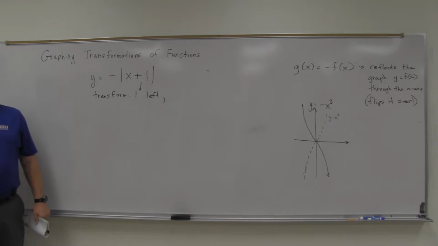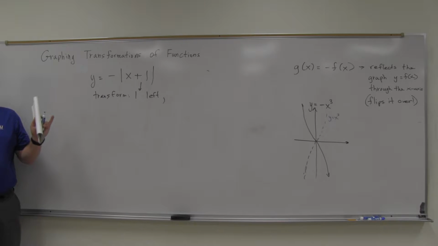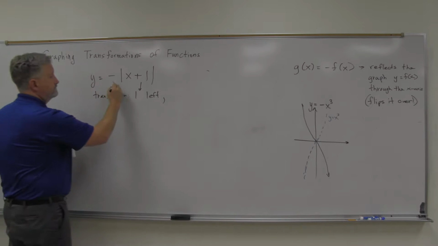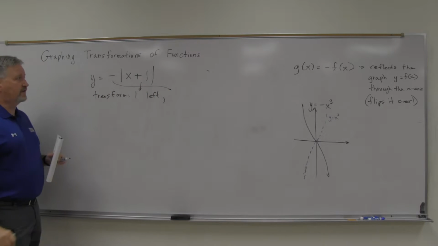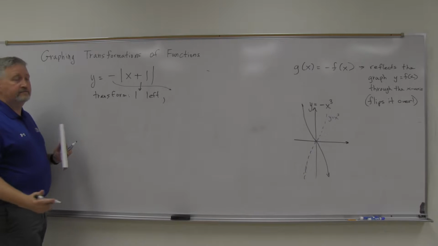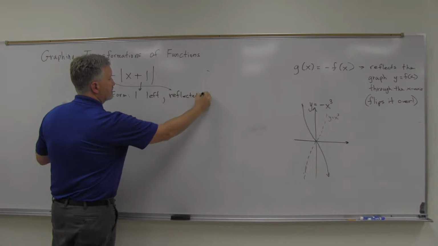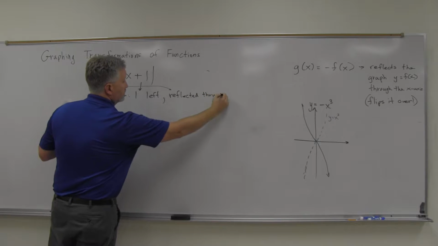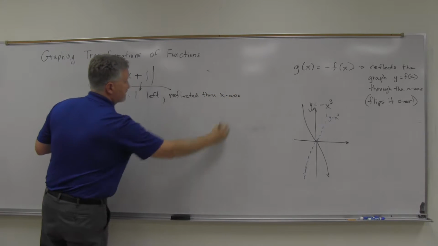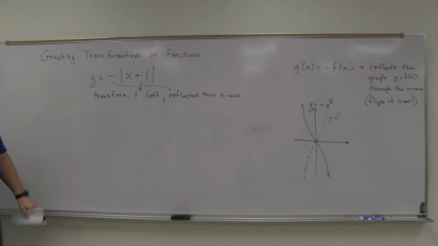And that would be, again, the order that we go, inside first, right? And then we do the negative, and then the negative flips it, right? Reflects through the x-axis. It's a flip. So we're going to move it one to the left and then flip it over.